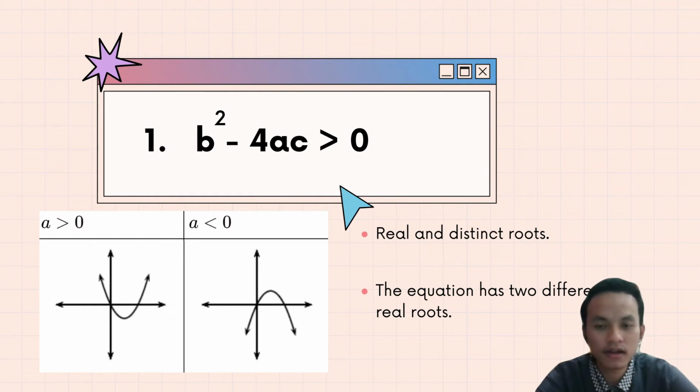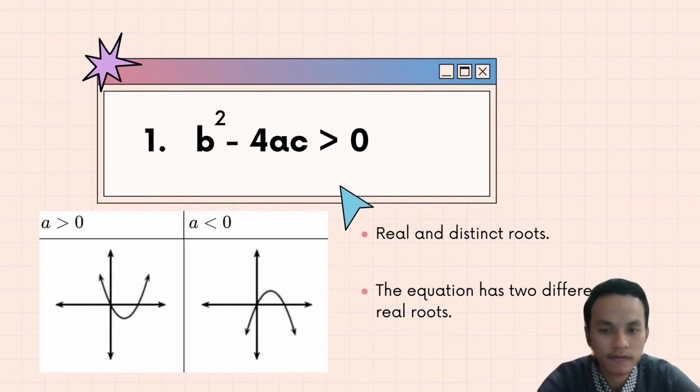So there are three types of roots of a quadratic equation. First type is real and distinct roots. The discriminant D is positive, that is, b squared minus 4ac is larger than 0.